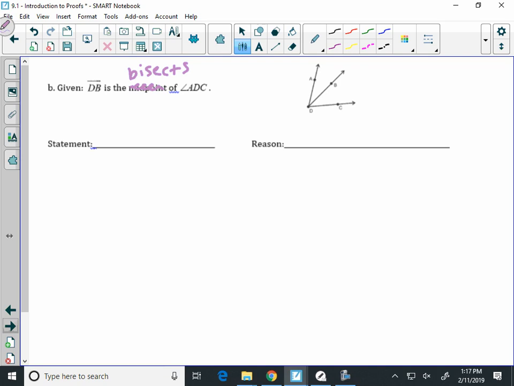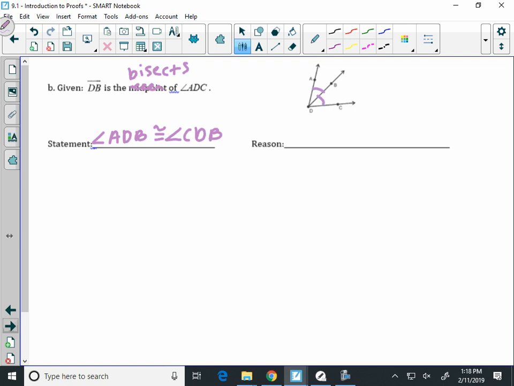What does an angle bisector do? Cuts it in half. So if this bisector is cutting this angle in half, what do I know about my two little angles? They're the same. So that's what we can say. We're like, well, if this is a bisector, then I know angle ADB is congruent to angle CDB.